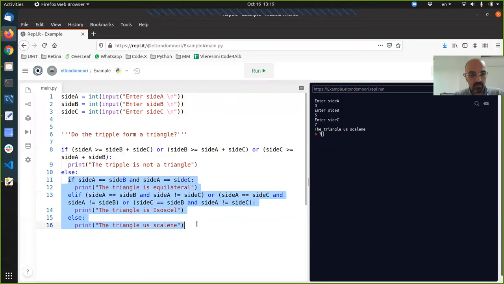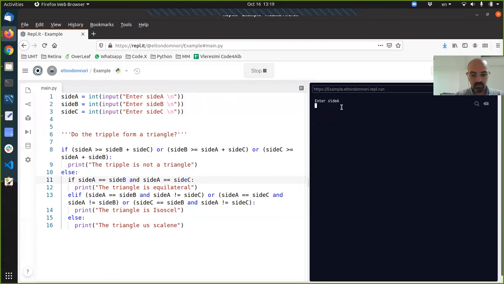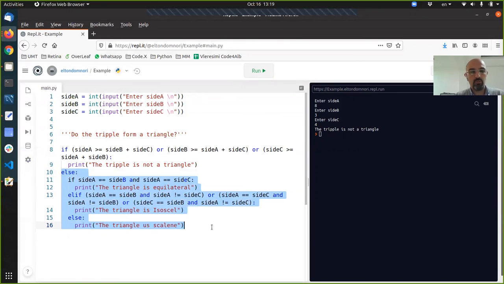Then if it is, I check whether it is equilateral, isosceles, or scalene. Okay, let's make a test. Let's say 8, 3, and 4. This triple is not a triangle, and obviously it doesn't consider at all this part of the code.